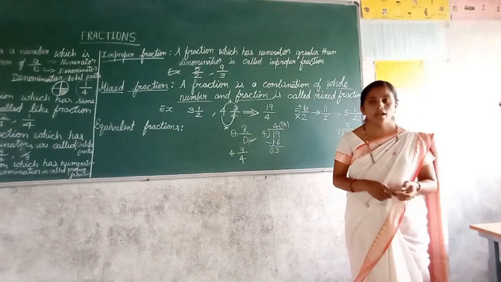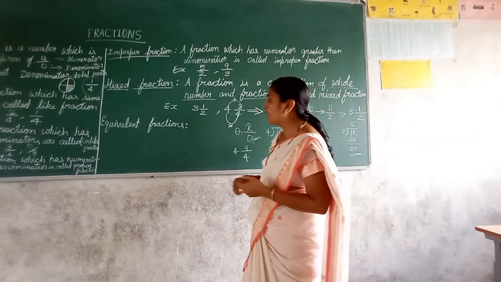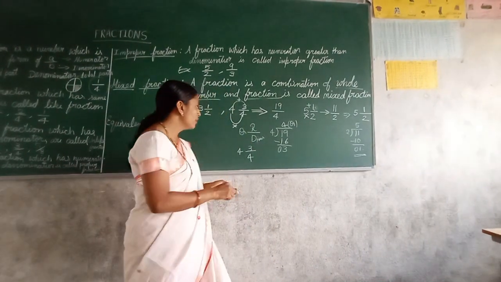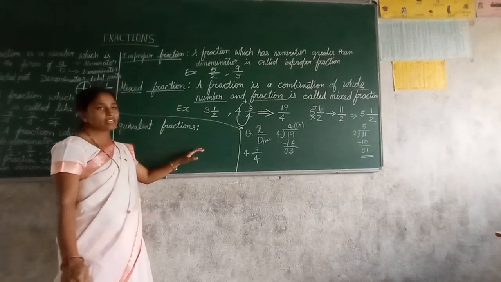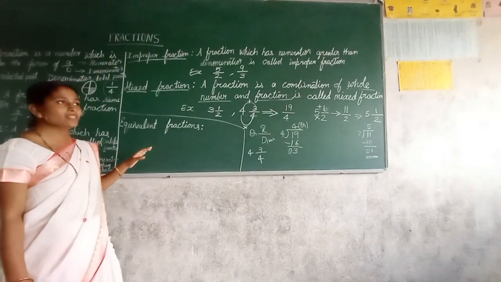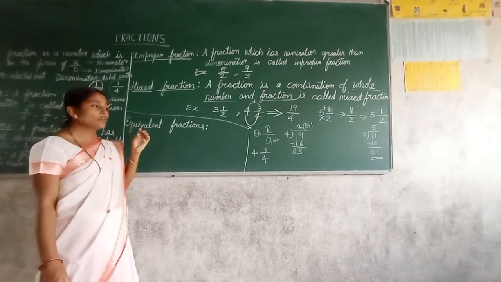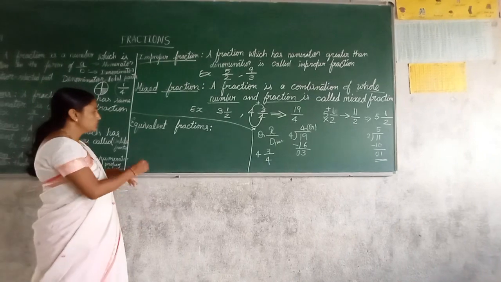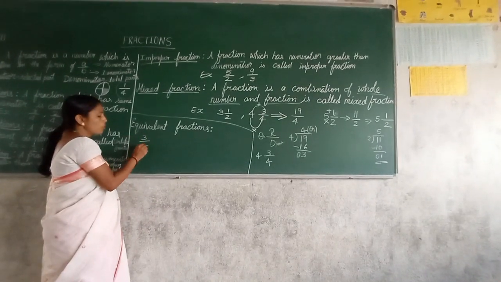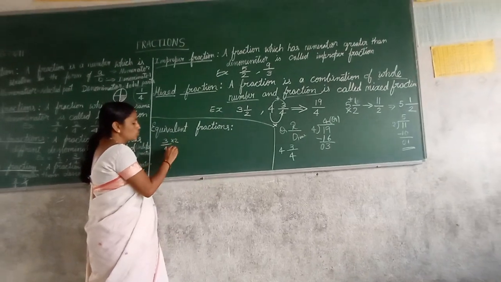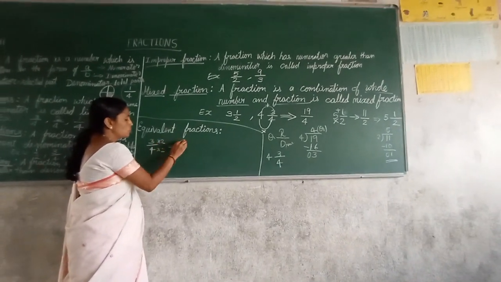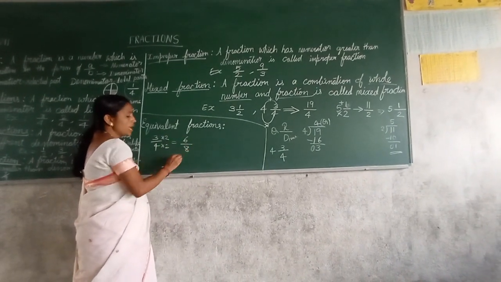Then another very important topic is equivalent fraction. I will write here equivalent fraction. Equivalent fraction means you can create the fractions by multiplying. Now 3 upon 4, an equivalent fraction: by multiplying by 2 I can convert. 3 2s are 6, 4 2s are 8.